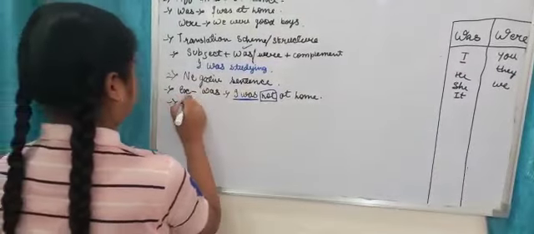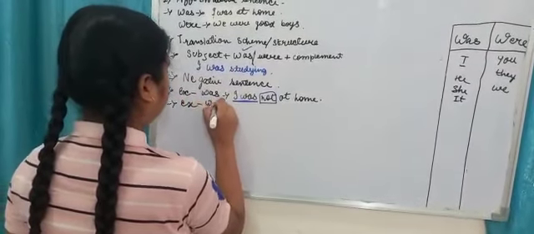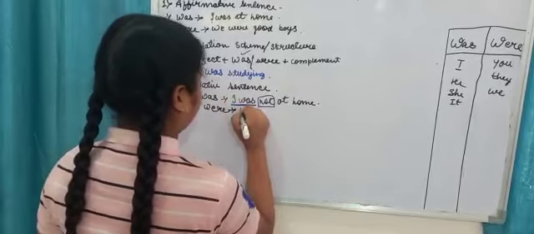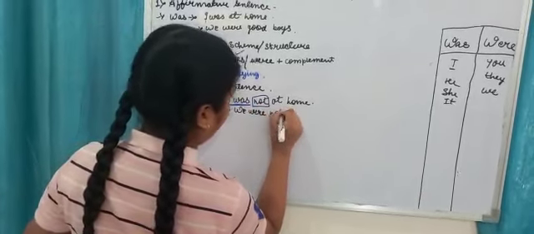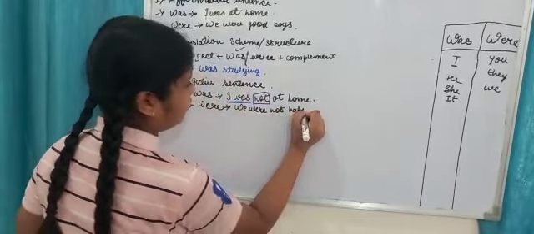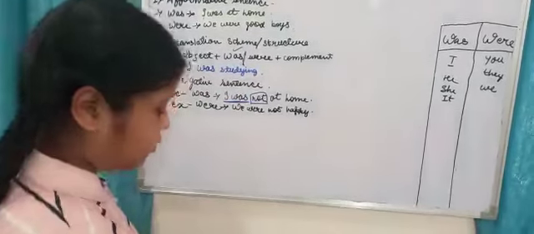Second example with were. We were not happy. We were not happy. Now, what is our rule?